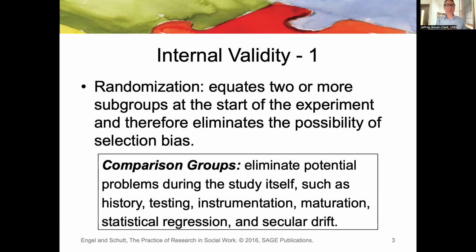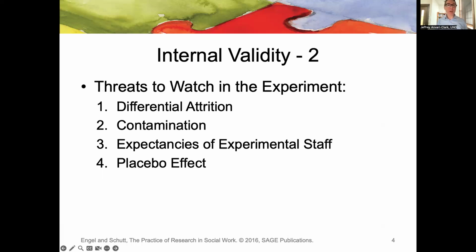This helps to eliminate some of the other problems that might be within the study, such as people having a certain history with it, or, in terms of testing, that testing itself can actually influence the study and the instruments and various other components.